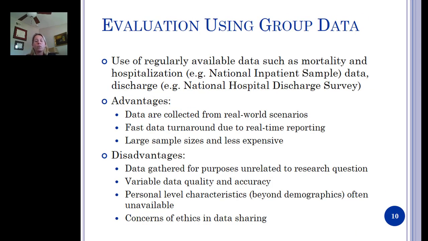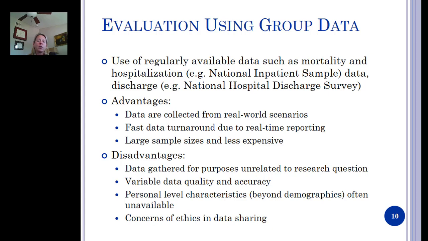Now, there are a myriad of ways of performing health program evaluations. The first way I'm going to discuss is the use of group level data to evaluate the effectiveness of a program, with the idea being that generally data at a group level are available, such as national level data that one could quickly gather and use to evaluate whether or not some sort of program worked.